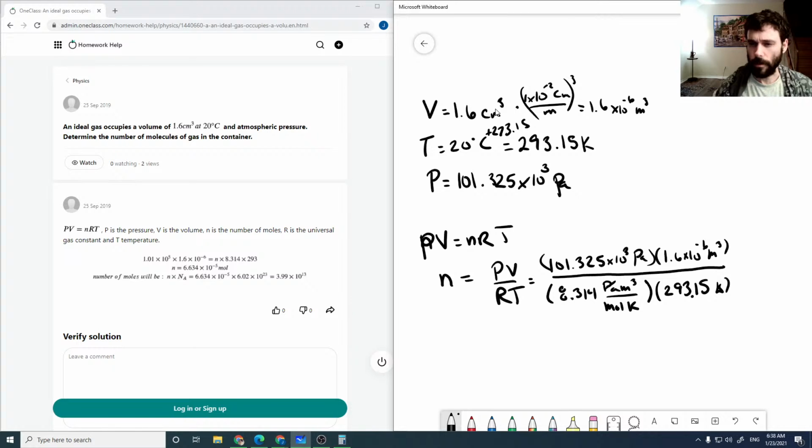We can see our units cancel here, giving us 6.6518 times 10 to the minus 5 moles.